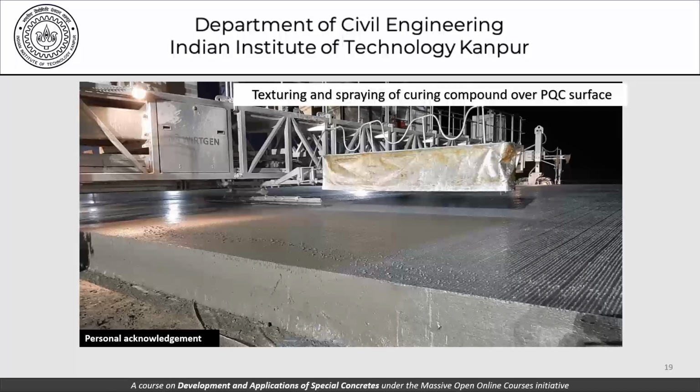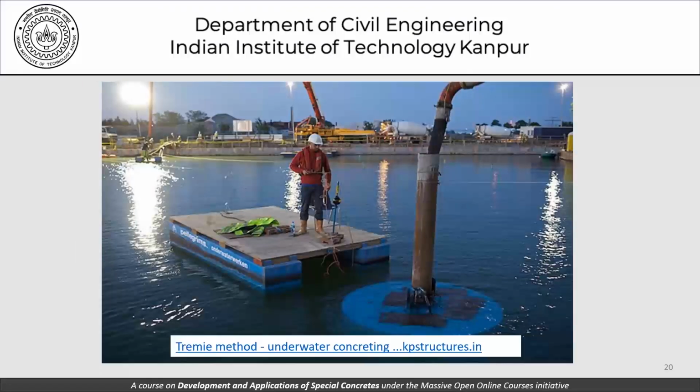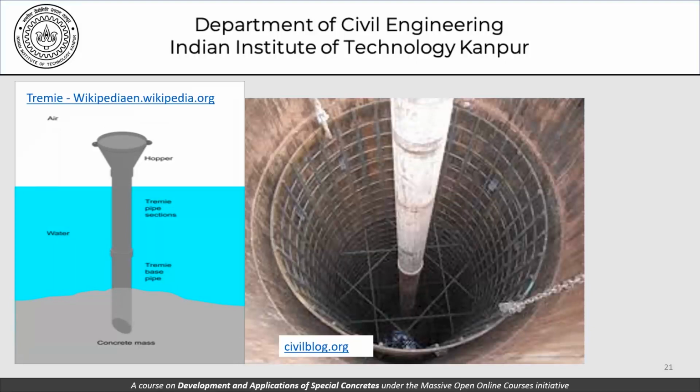Just think about it. Here is another example where we are trying to do underwater concreting using a Treme. What happens there is something like this, that we have a deep structure where we are trying to place this concrete mass using a Treme.